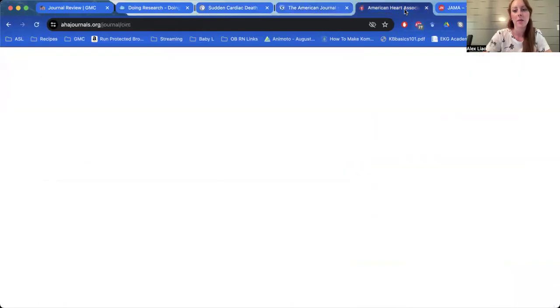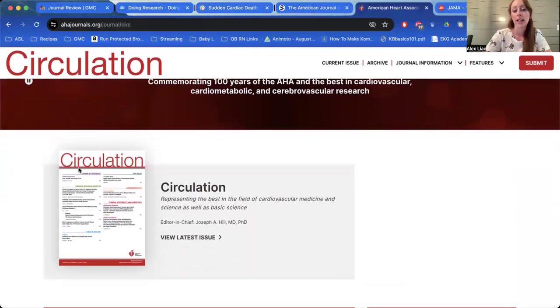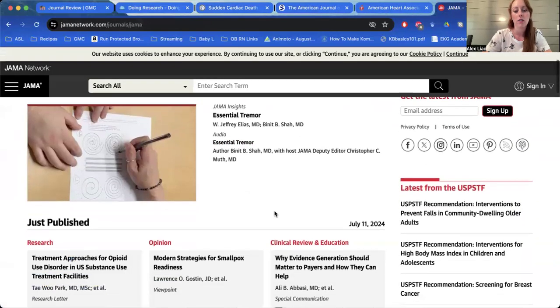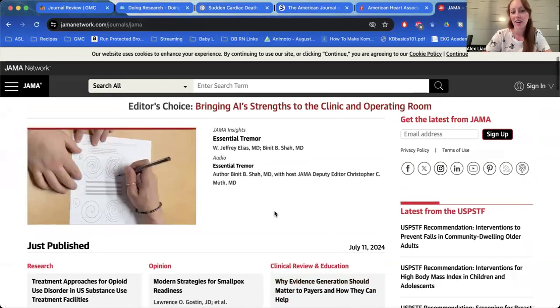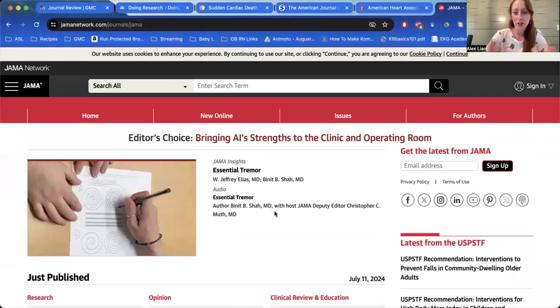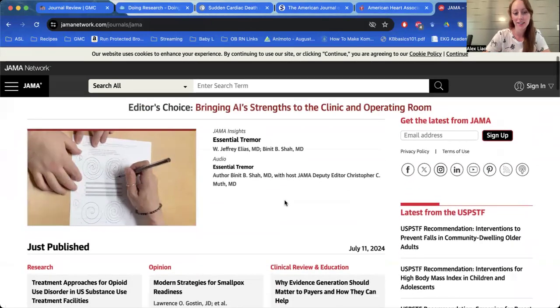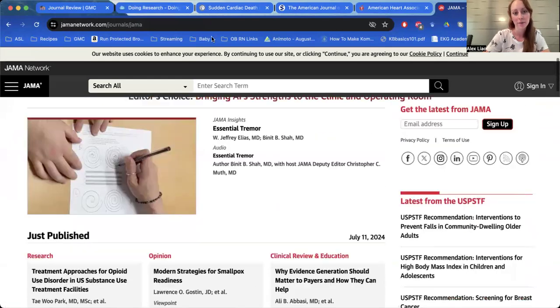The American Heart Association produces a journal called Circulation. And the Journal of the American Medical Association produces a lot of different articles, but JAMA is the name of their journal, along with all the different articles they publish.